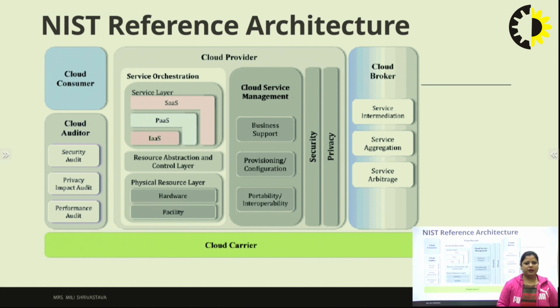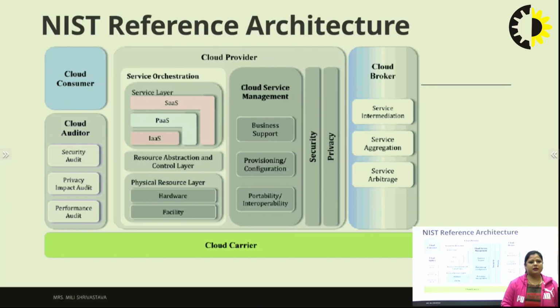We only take the services of Gmail. We can't do anything less or more in Gmail. There are some accessibility criteria like 15 GB, 20 GB, and after that we can enhance our productivity and scalability according to our use. This is software as a service.